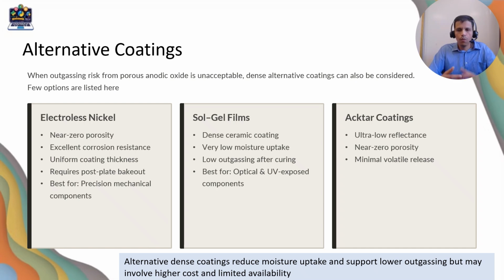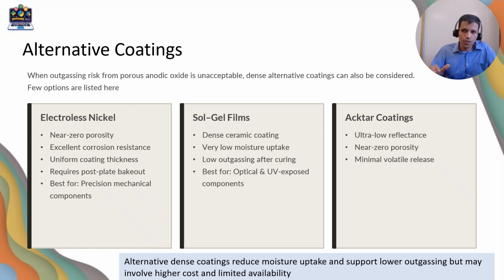So I would like to give this additional suggestion or observation: even though we have done all those things, there are some additional options called alternative coatings that can be used instead of anodized aluminum. Those are electroless nickel plating. Some optic component vendors even use electroless nickel plating.